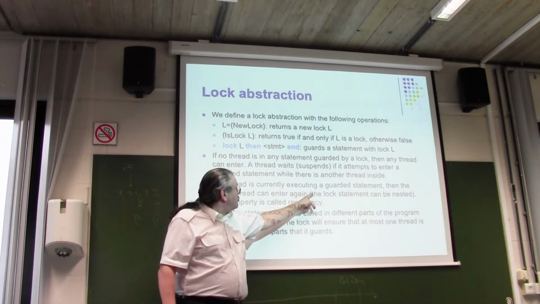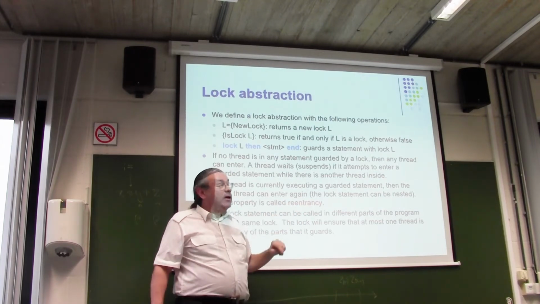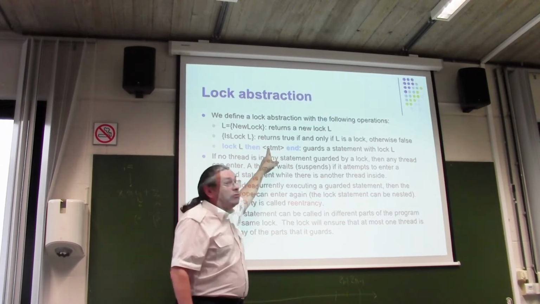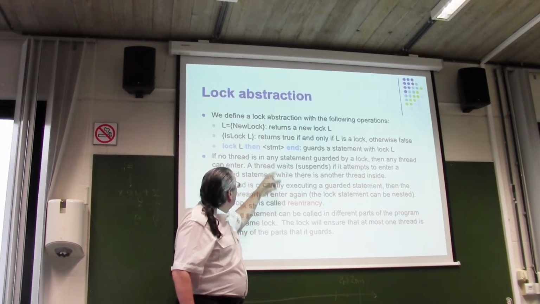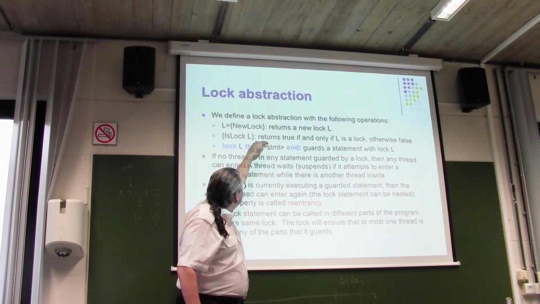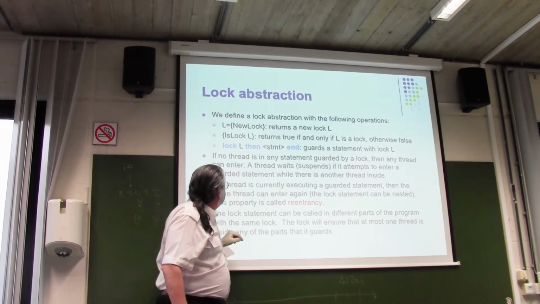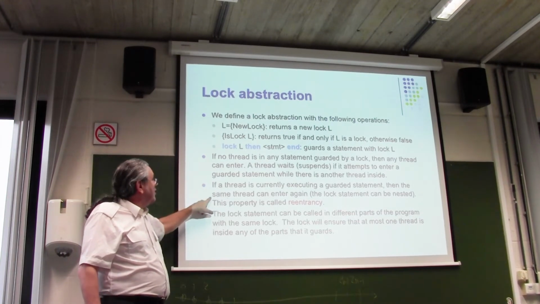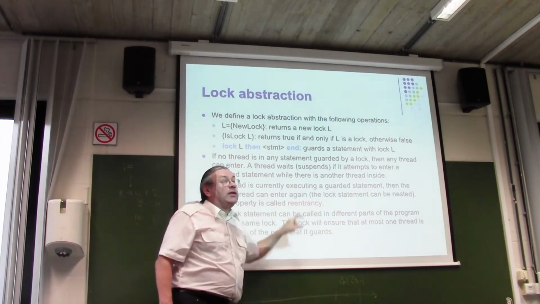In real abstractions, it's very common that when you go inside a lock, this piece of code can do a lot of things. You might call lock L again in here, and if the thread is in, it can go in again. It can enter again, okay?